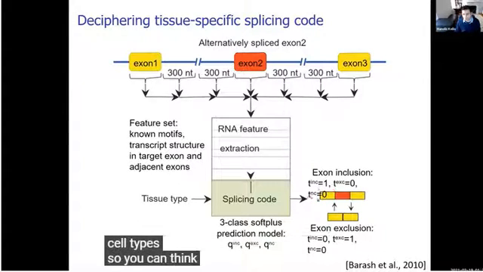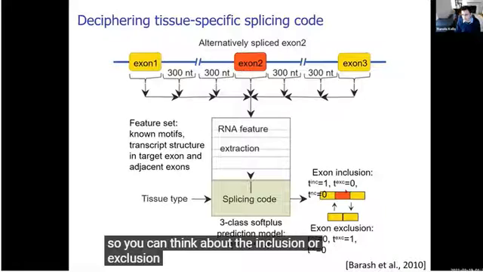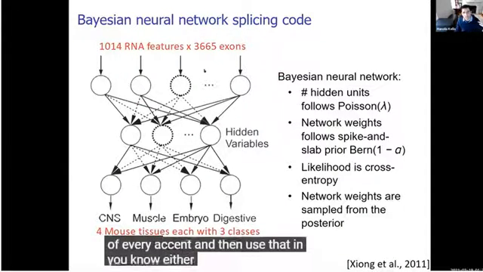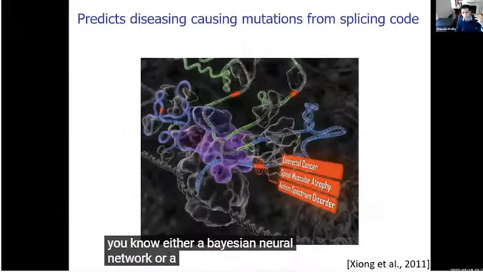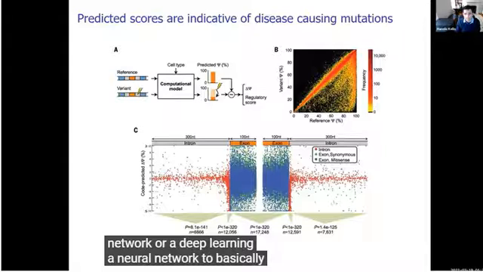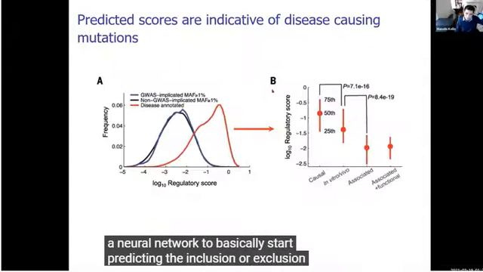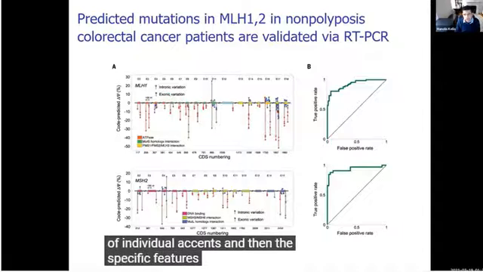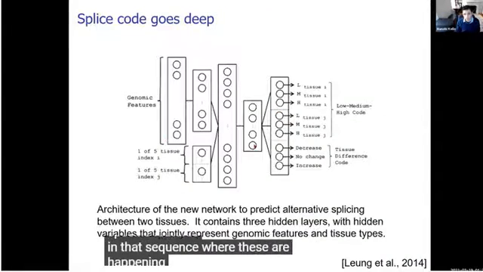So you can think about the inclusion or exclusion of every exon, and then use that in either a Bayesian neural network or a representation neural network or a deep learning neural network to basically start predicting the inclusion or exclusion of individual exons and then the specific features in that sequence where these are happening.